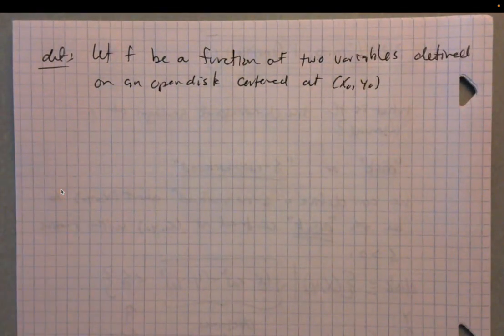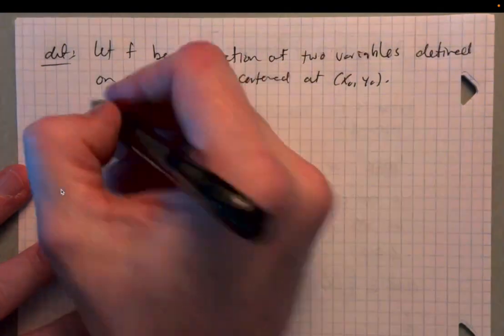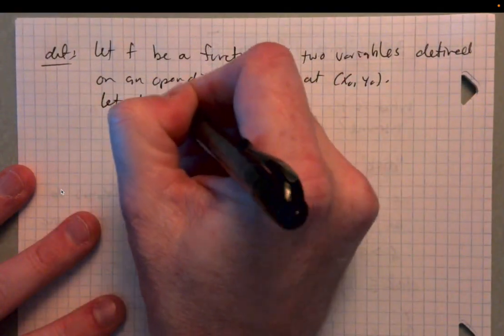Okay, and we say it's defined on an open disk centered at (x0, y0), but it could possibly be undefined at (x0, y0), right? We'll let L be a real number.